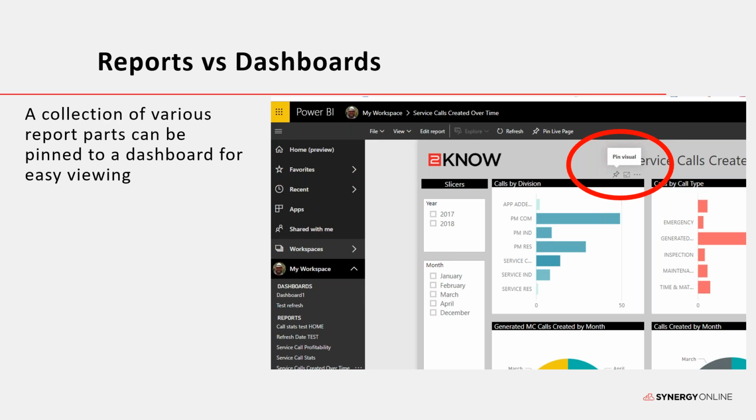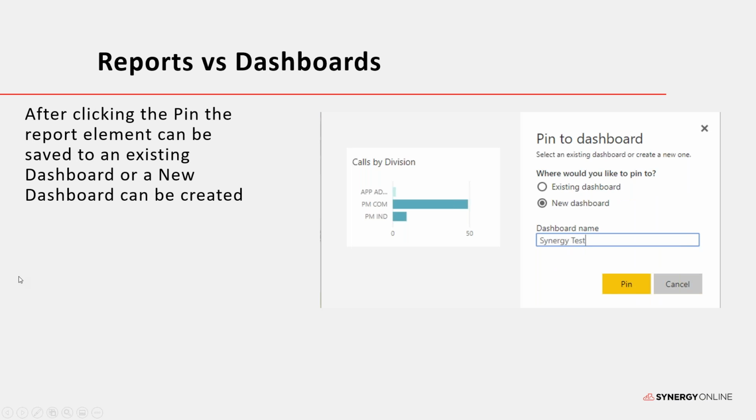So as you're looking at that report, you could say, hey, I want to focus on this on a daily basis, and I want to put this on my home page for my browser so that every time I open my browser, I'll have my dashboard and my critical KPIs. So the users are going to want to create their own dashboards, and in doing so, when they select the pin to pin that visual to a dashboard, they will then be prompted to say, what do you want to call this dashboard?